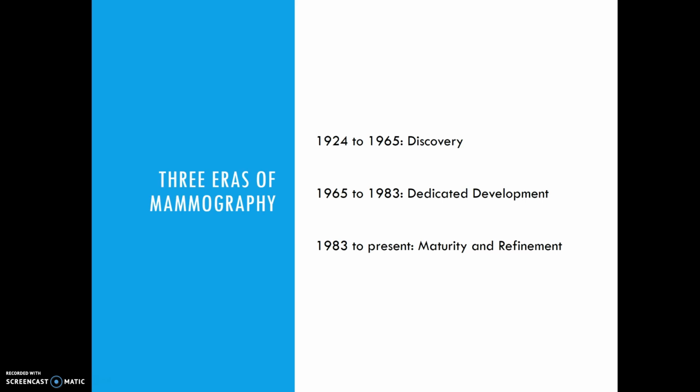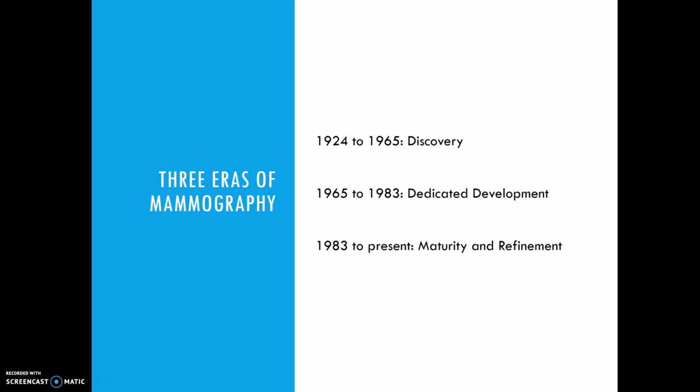So we're going to break this down into three main eras of breast imaging. We have 1924 through 1965, which is the discovery of mammography as primarily a diagnostic tool. Then 1965 through 1983 is development of dedicated processors, dedicated techniques for processing, and dedicated equipment.